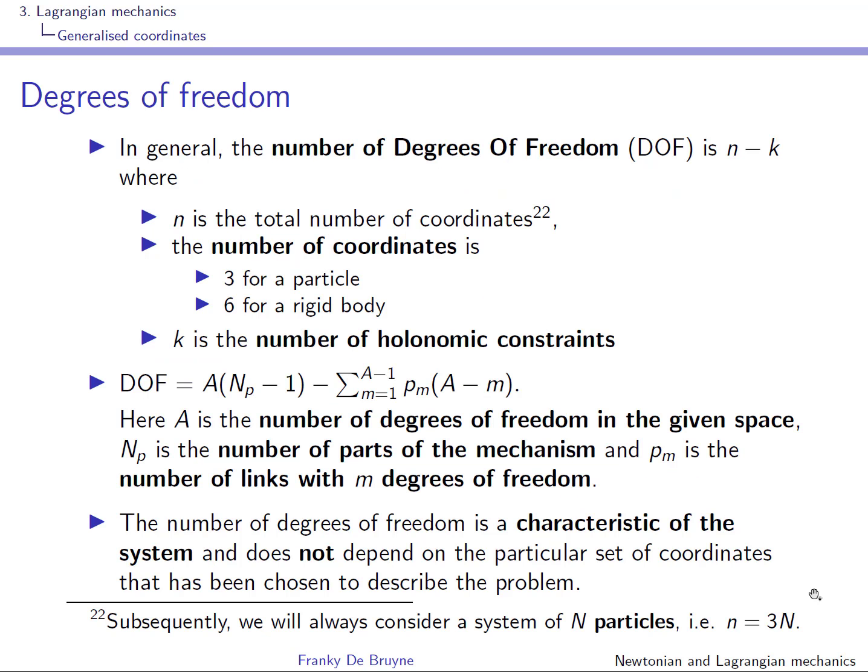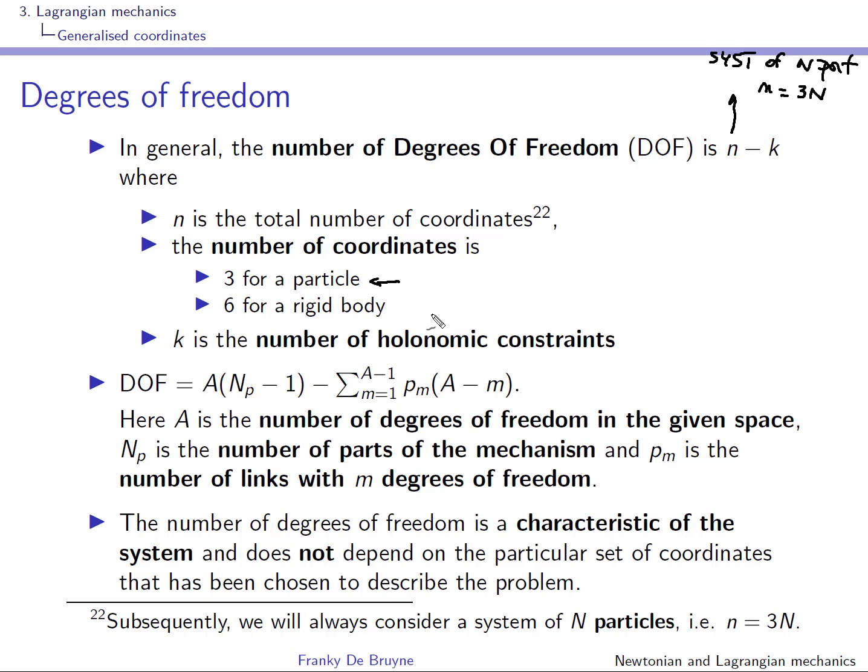So in general, the number of degrees of freedom is n minus k. In the previous example, we were working with a system of n particles, okay, and each particle has 3 coordinates, right? So this is why n in this example is equal to 3n.